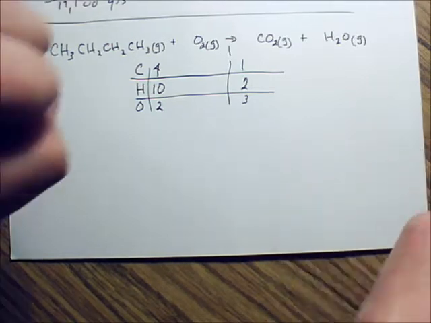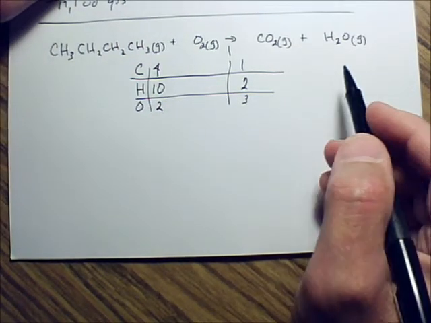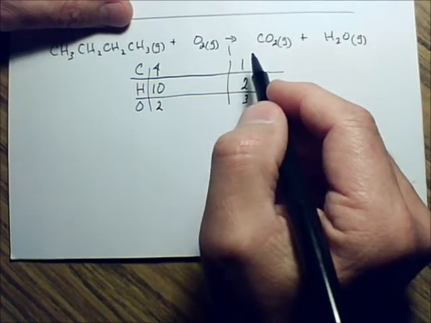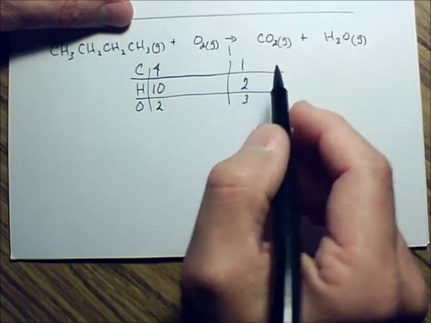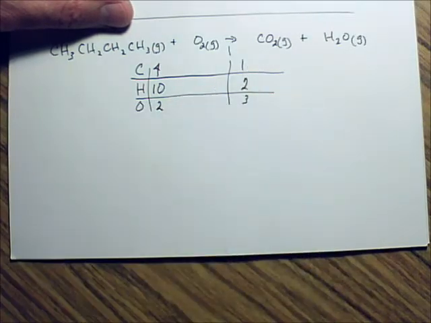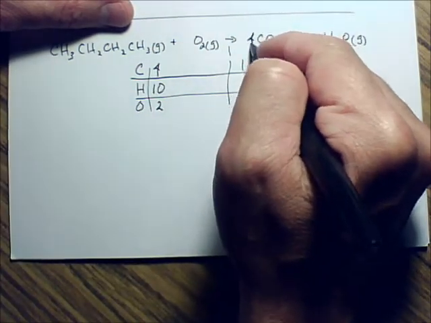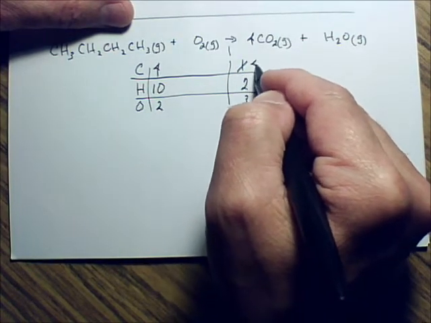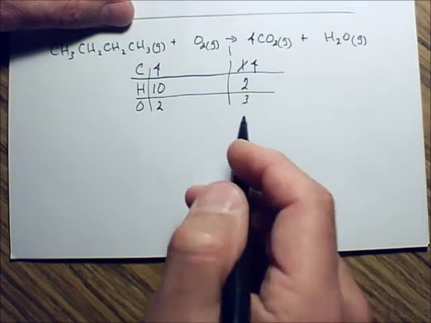All we use for balancing equations is coefficients. So I'm going to use a coefficient in front of CO2, and I'll change that to a 4. I'm also going to change the number of oxygens.